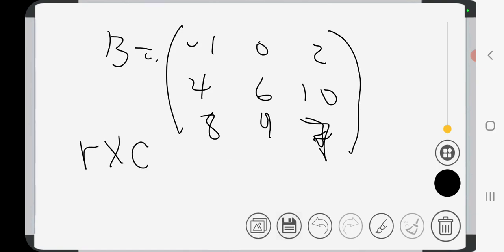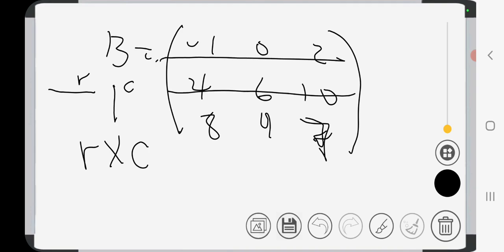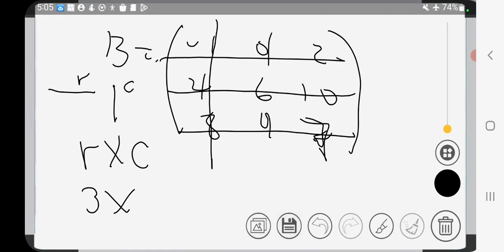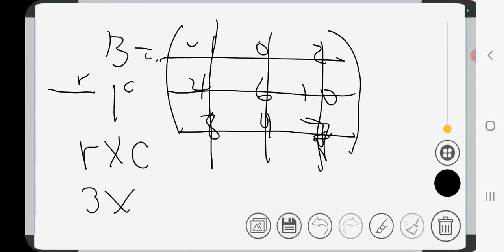The rows are the horizontal lines and the columns are the vertical lines. So first of all, count how many rows. You count row 1, row 2, row 3. So we write 3 by, then column 1, column 2, column 3. That is 3 by 3. That is an order 3 by 3 matrix.